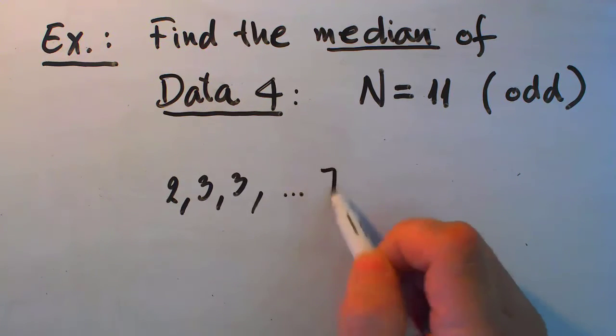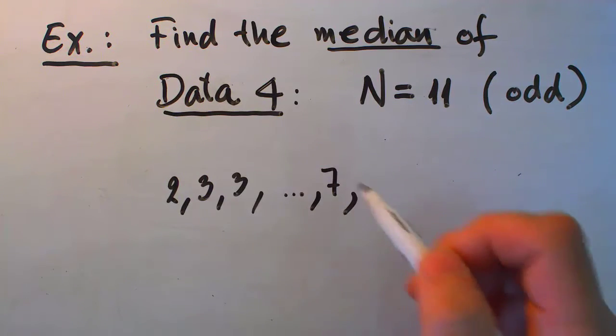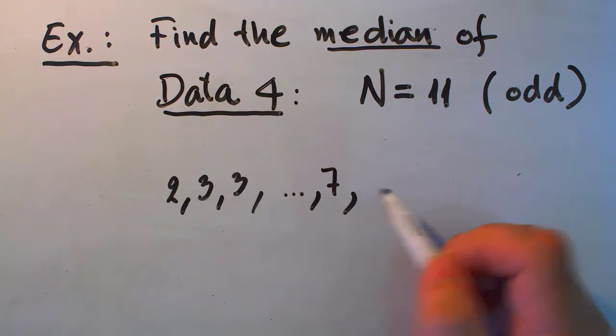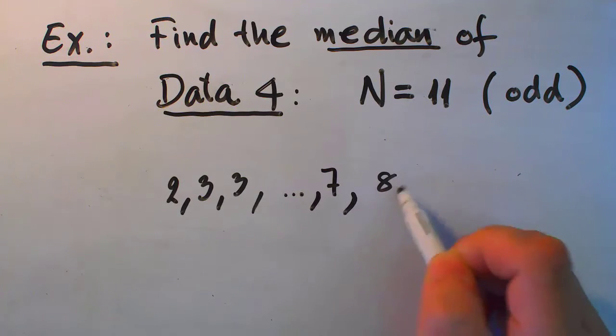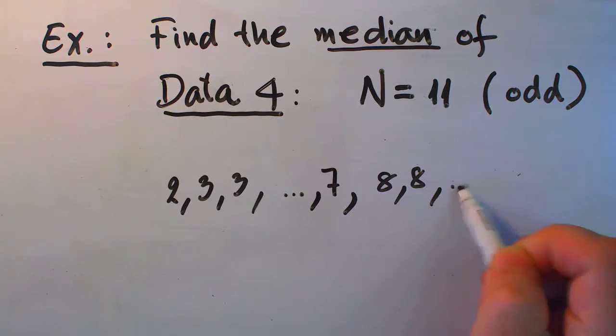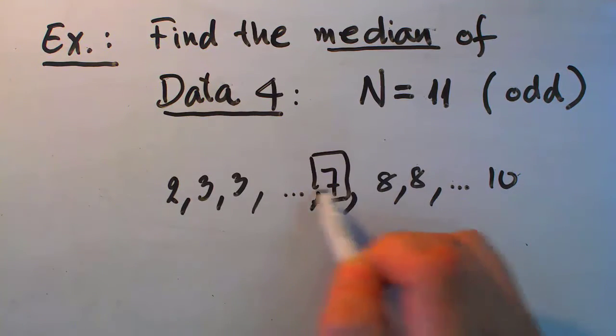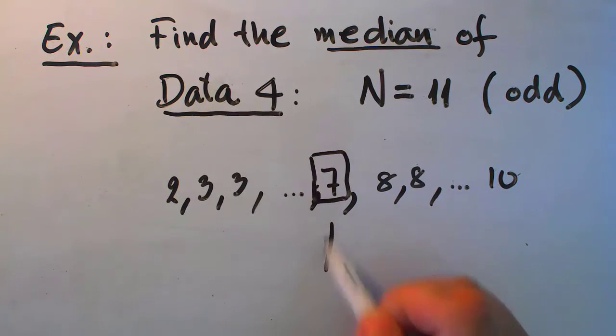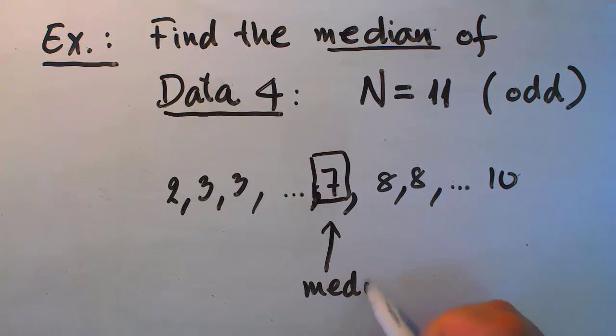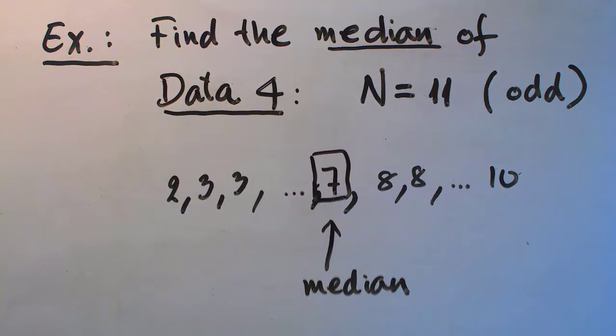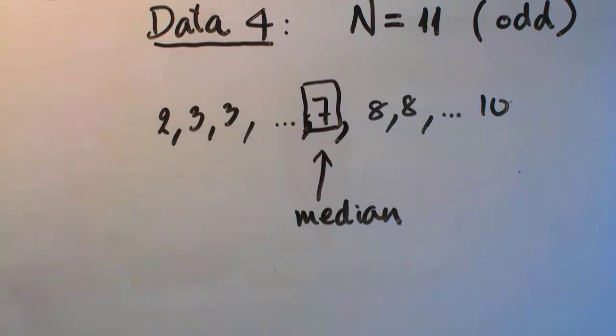The real middle one, the physical middle one this time, is the best choice to become our median. Now this 7 right here in your data 4 is going to be your median, and it also happens to be the physical member that sits right in the middle of the data.